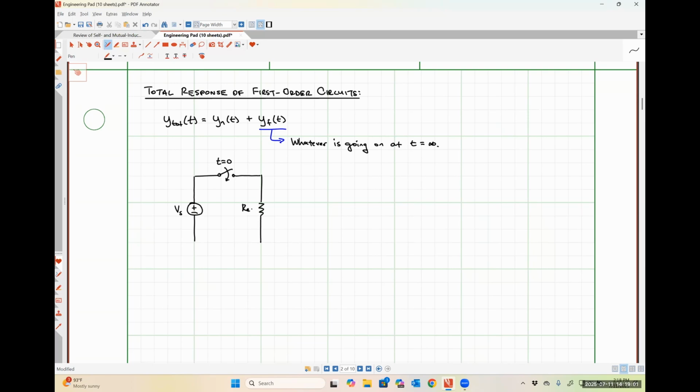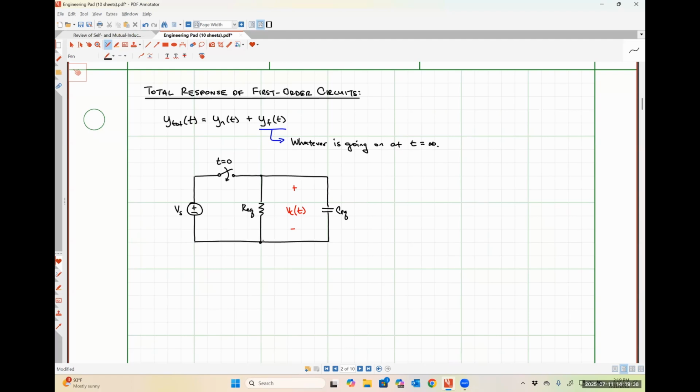Here is our equivalent resistance, REQ. Here is our equivalent capacitance, CEQ. And then here is our capacitor voltage, VC, as a function of time. And that's really the only thing that we are going to be interested in right now.